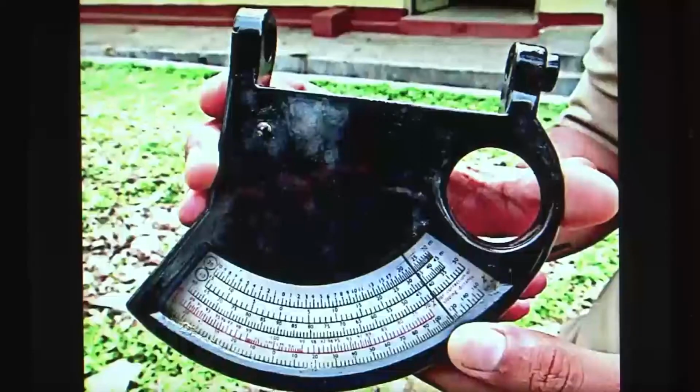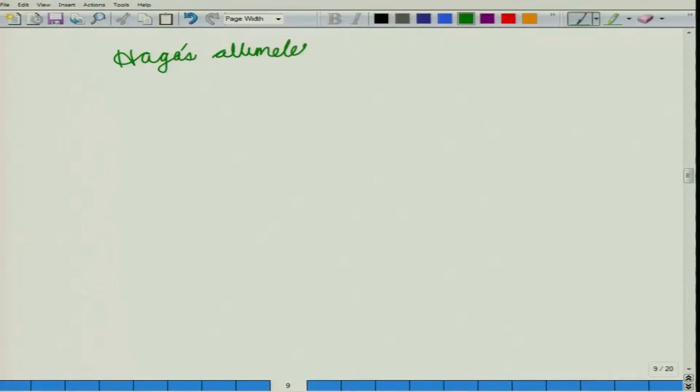So, could we have another instrument that will give us these angular values easily? If you look at your screen now, this is that instrument. It goes by the name of Haga's altimeter.